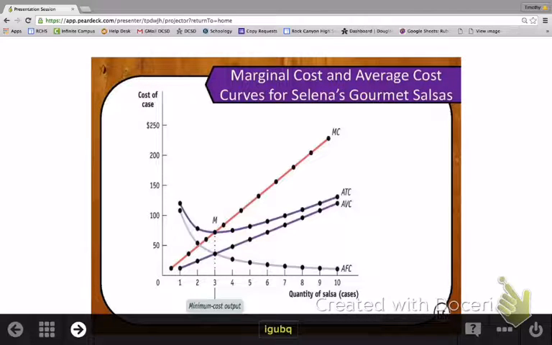But as soon as it goes above the average variable cost curve and the average total cost curve, it pulls those curves up. Why? Because it's greater than the average. But you can see her marginal cost curve intersects the average total cost curve at the minimum of average total cost. Average variable cost is rising, average fixed cost is falling as it's spread over more and more units. So here you see those 4 cost curves graphed together.